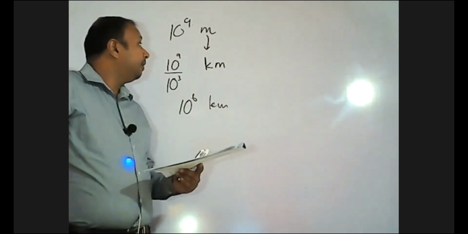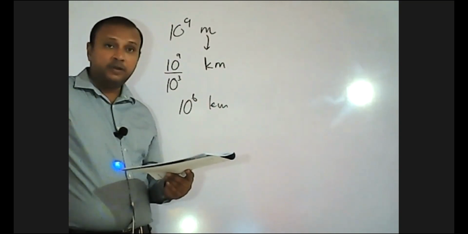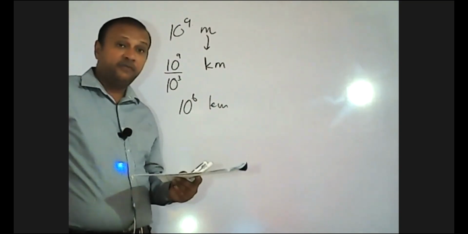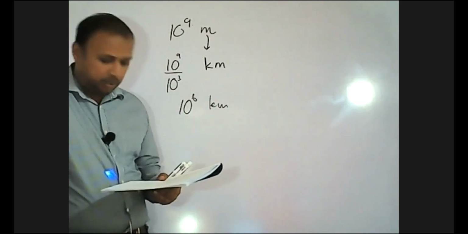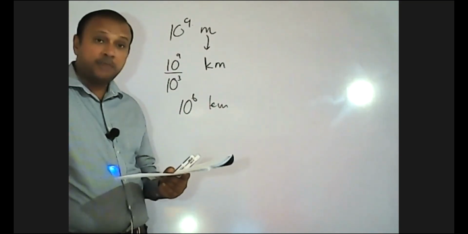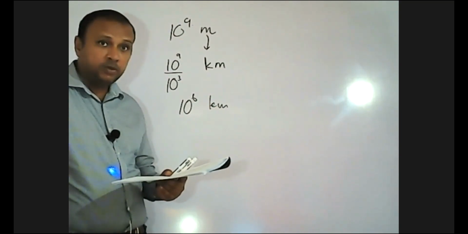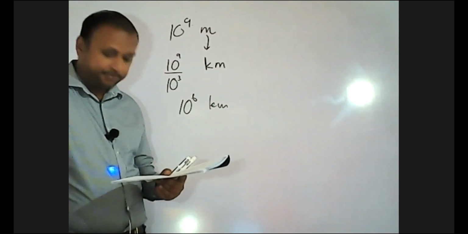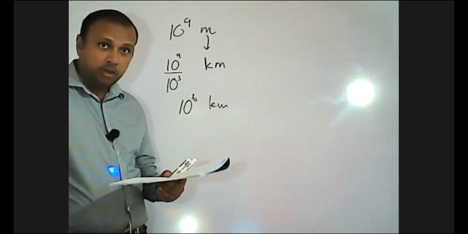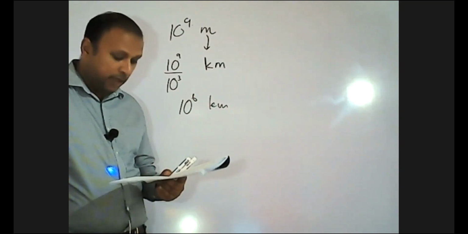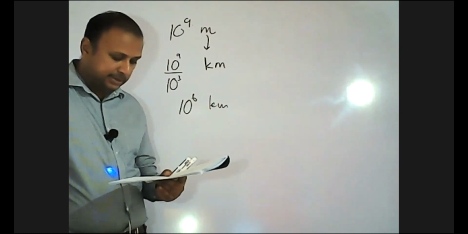If there is a multiplication, normally we call it a multiple. And if there's a division, normally we call it a submultiple. So we have to multiply the base unit to convert it into a kilometer. Kilo has a multiple value, and nano is a submultiple. So the answer is the third one.